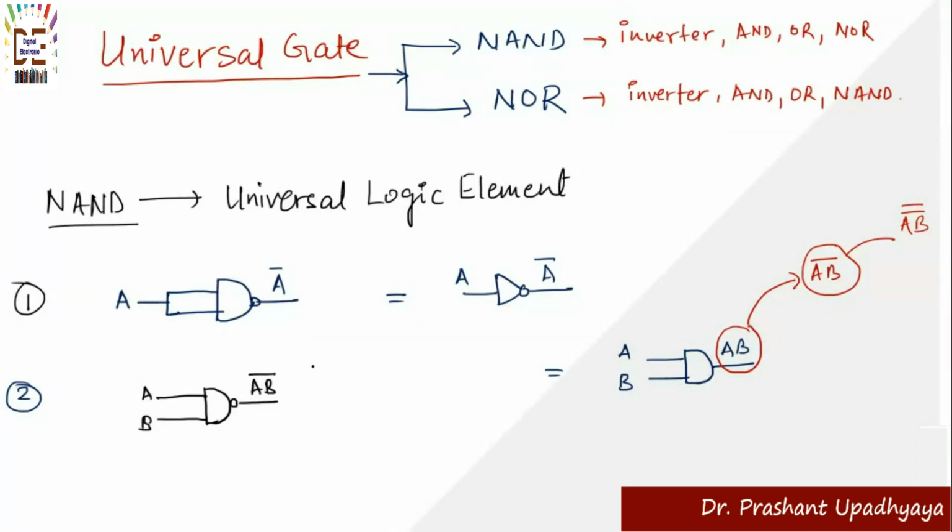So we can use this again as a short circuit. We can have a 2-terminal gate, short it like this, and we get AB bar whole bar. So this will become your AB. Is it clear?